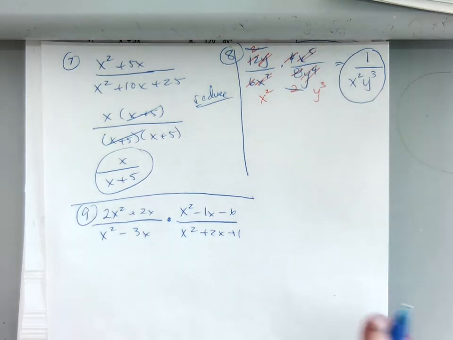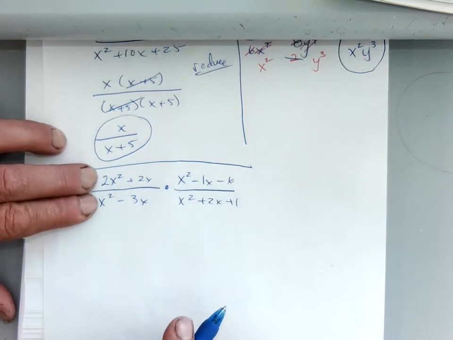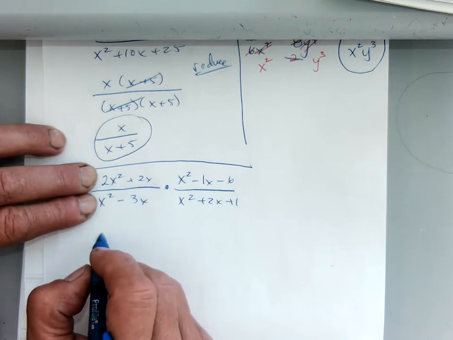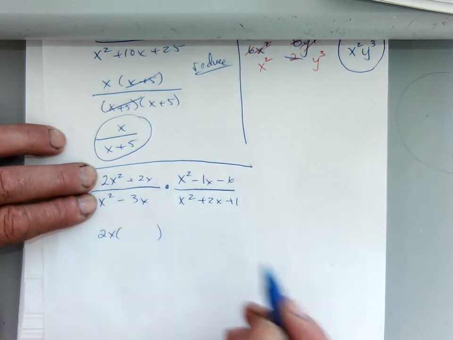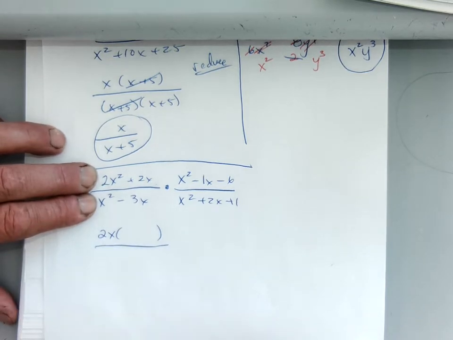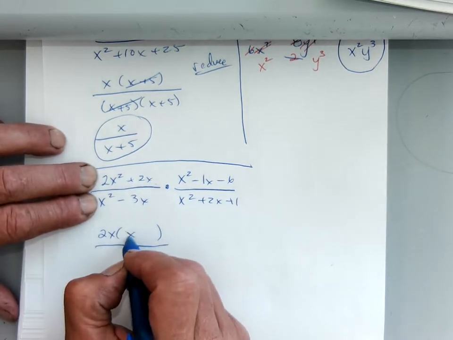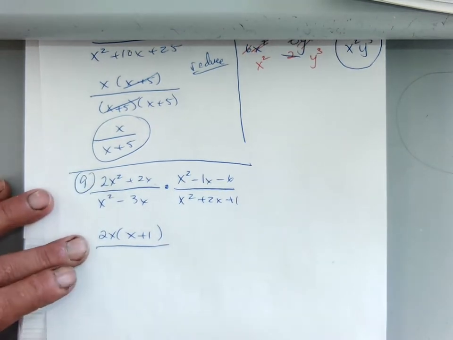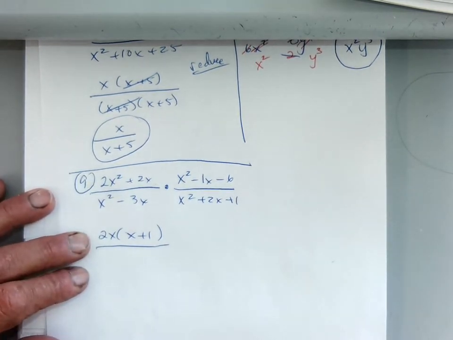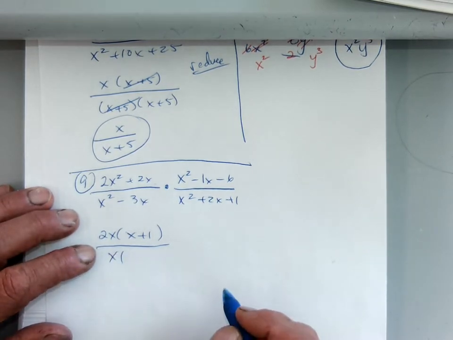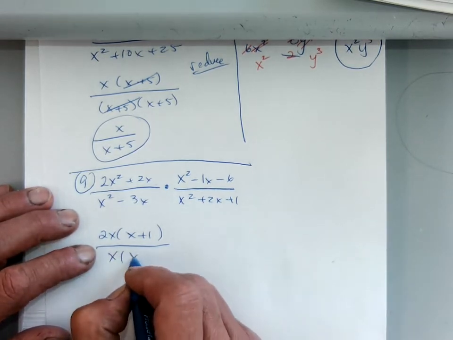Here we go. So, on the first fraction, the numerator, I'll common factor a 2 and an x out, which will leave me an x plus 1. The denominator of the first fraction, I'll common factor out an x. If I factor out an x, I'd have an x minus 3.